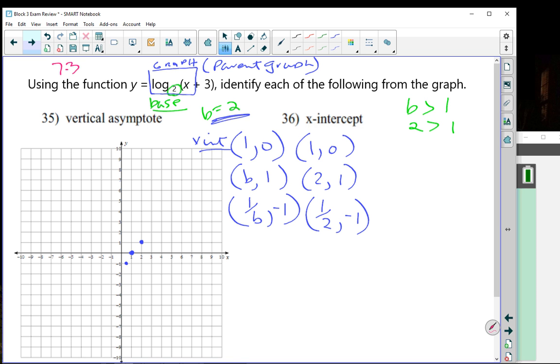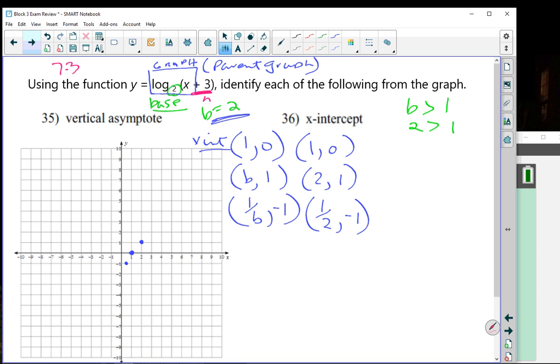No, because what am I fixing to do? I'm fixing to translate them, right? I'm fixing to move them. Okay? How much are we moving these dots by? You're moving to the left 3. Very good. So I got a +3 inside with the X. So we said that's an H, right? If it's an H, it goes in the opposite direction of the number. Okay?